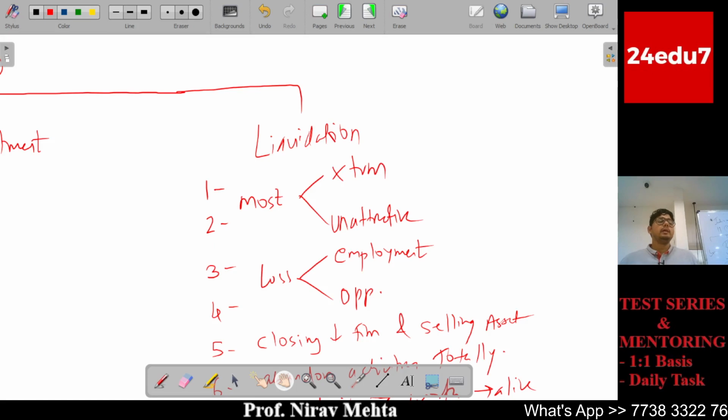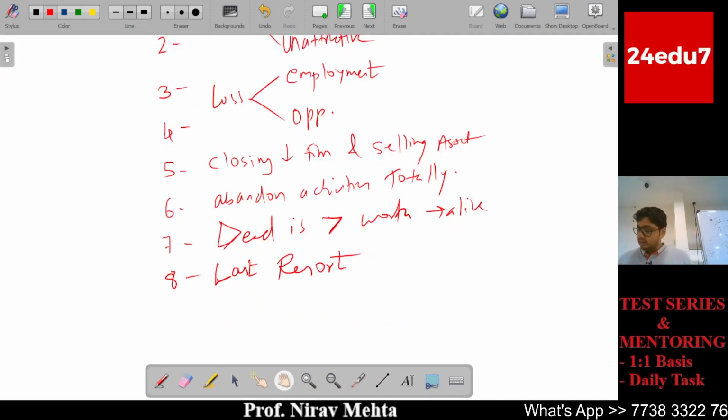Correct. Repeat after me. Liquidation. Most extreme. Most unattractive. Loss of employment. Loss of opportunity. Closing down firm and selling its assets.